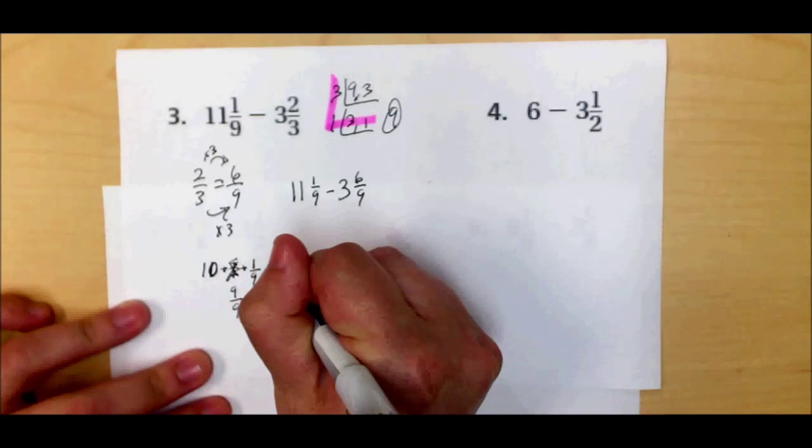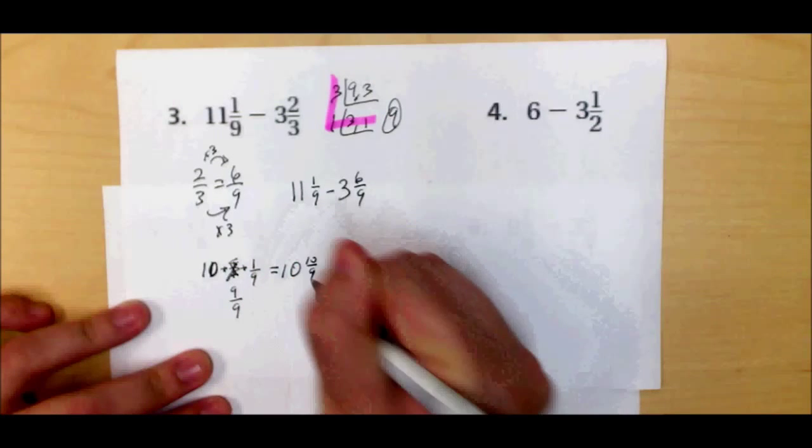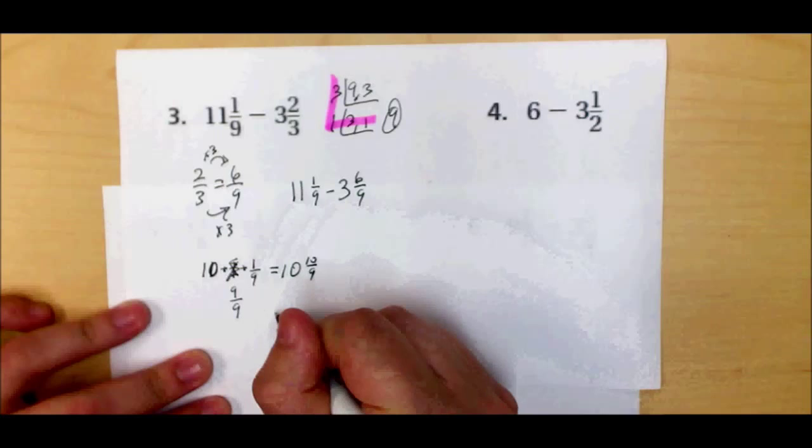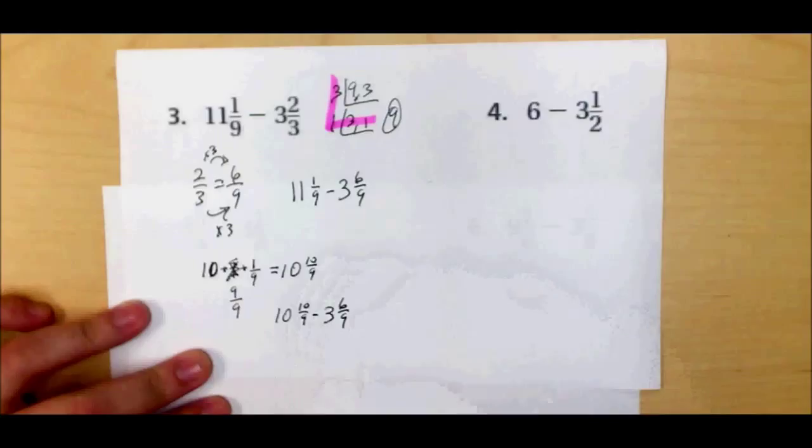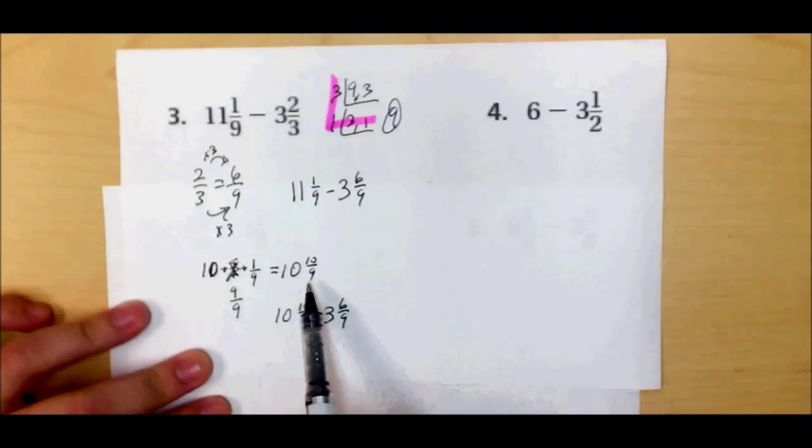Now this becomes 10 and 10/9. So now I have 10 and 10/9 minus 3 and 6/9. Now I can subtract them. Notice this is an improper fraction.